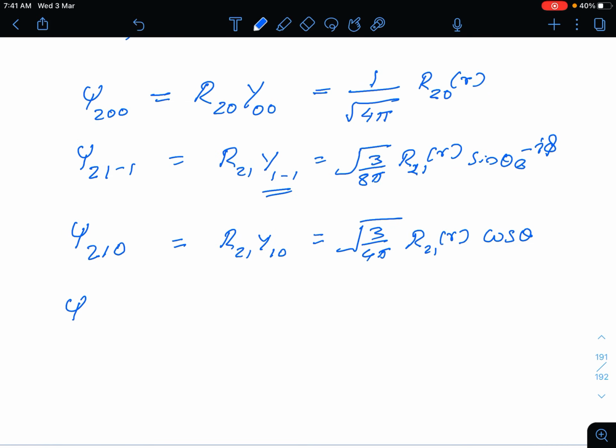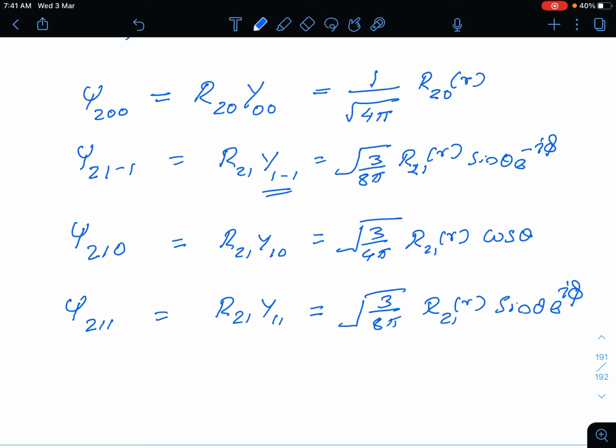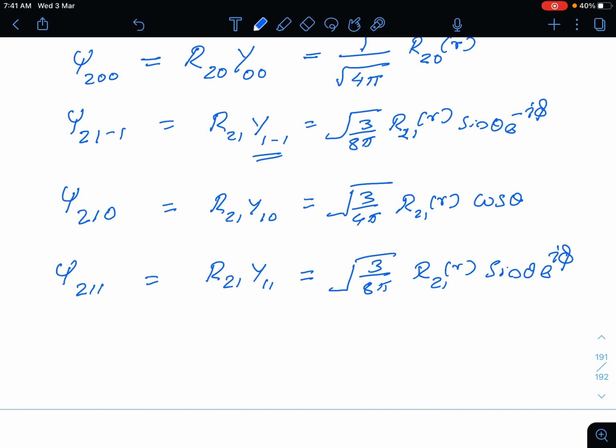Then what remains, psi 2 1 1, is equal to R 21 Y 1 1, that again is root of 3 by 8 pi times R 21 of r, clear. Then Y 1 1 is sine theta e raised to i phi.